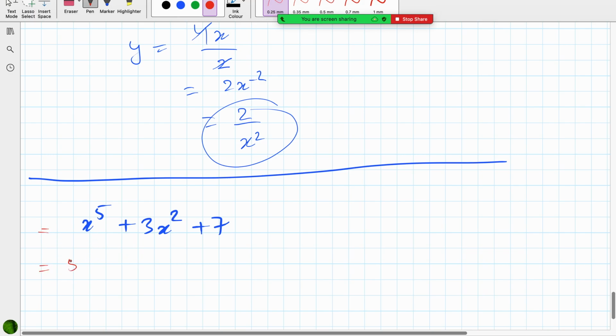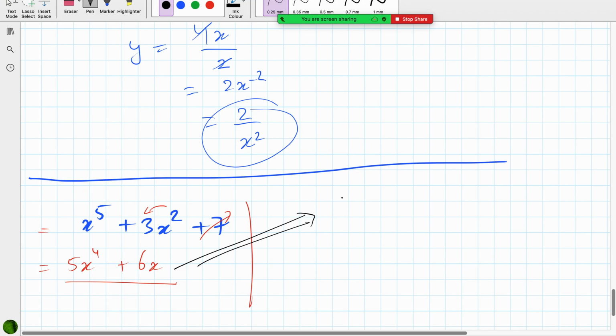It was bring the power down, multiply with the power and reduce 1. Next step, 3 times 2 is 6x. Next, the constant goes away. So this was the differentiation. Integration is actually the reverse of it. I'm copying this and we should get the initial equation.